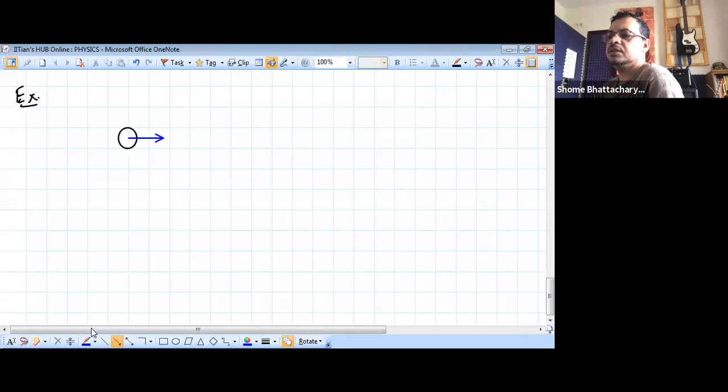In this particular example, my diagram is such that the xy plane in which this motion is happening is actually a horizontal plane. So here xy plane is a smooth horizontal surface.